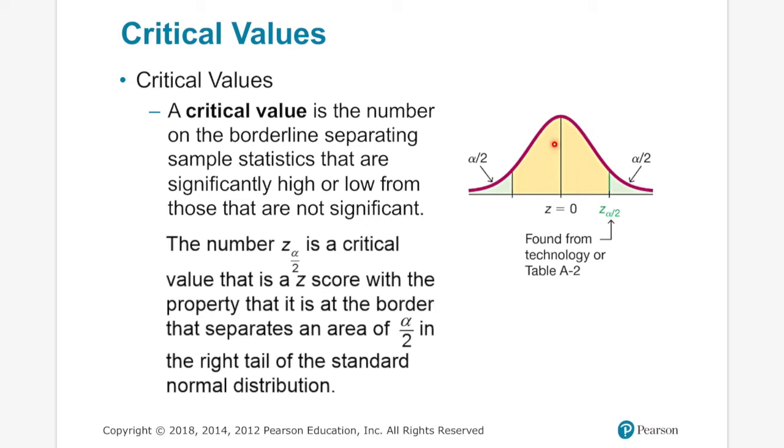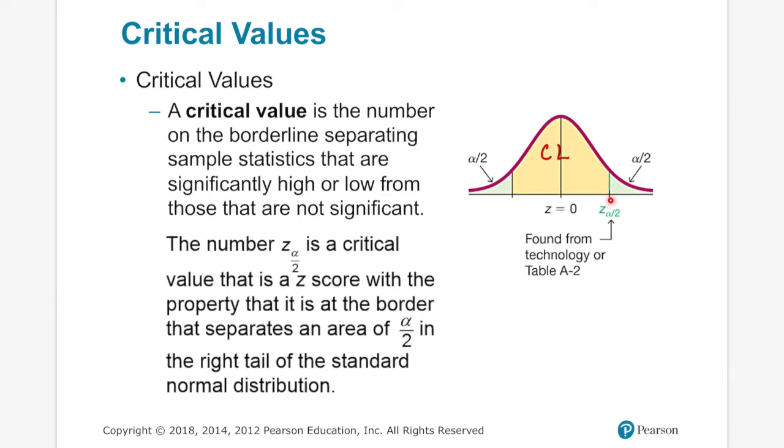It should be in the middle of your graph. Alpha is the part on the outside, representing the values that are significant, either significantly low or significantly high. So these two ends add up to be alpha. This is alpha half and this is alpha half, adding up to one whole alpha.